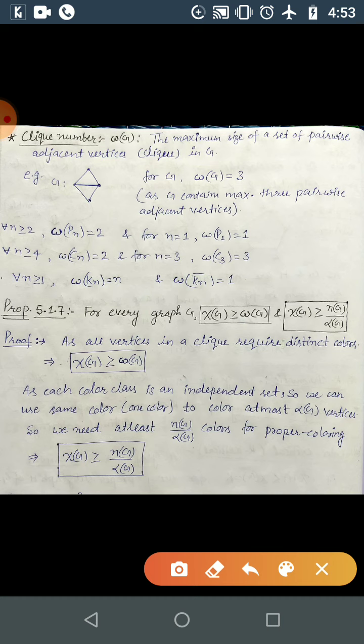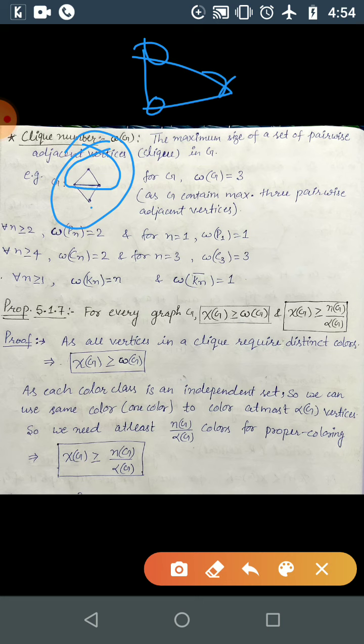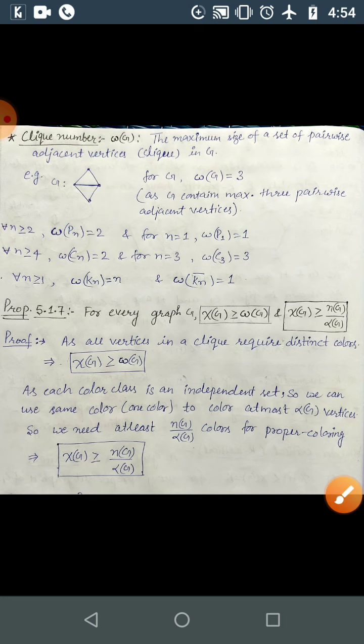So you can have some example here. For this graph G, the maximum size of a set of pairwise adjacent vertices, or the maximum size of a clique, is 3, because K3 is part of this graph, and in K3 all 3 vertices are adjacent. K4 is not part of this graph G, so it's not 4. So G contains a maximum of 3 pairwise adjacent vertices, and that is the clique number.